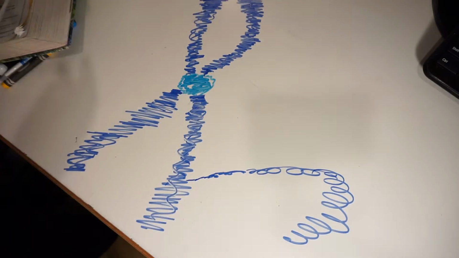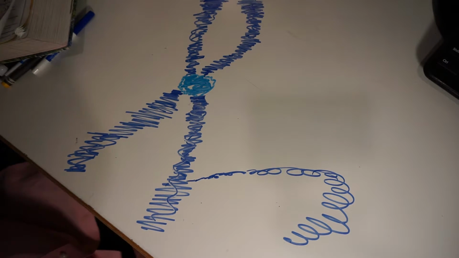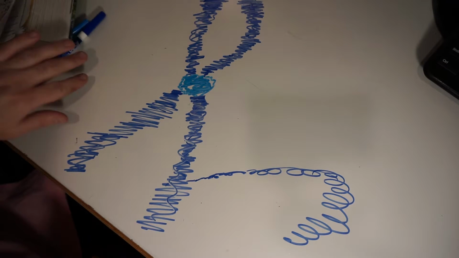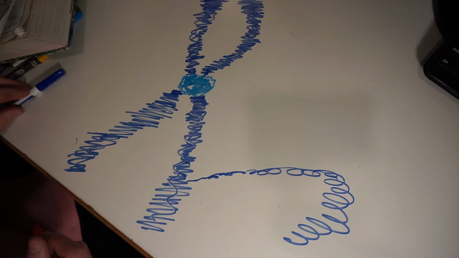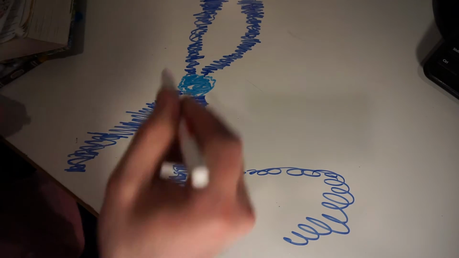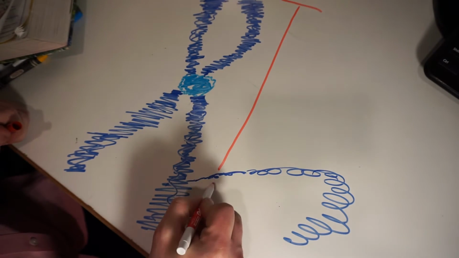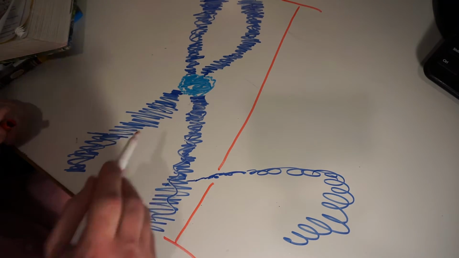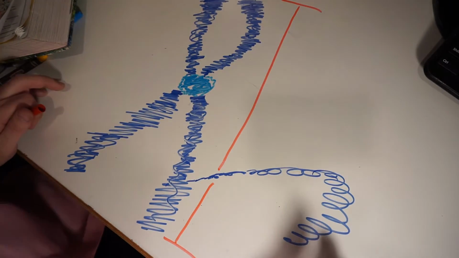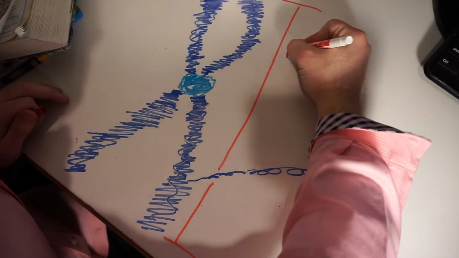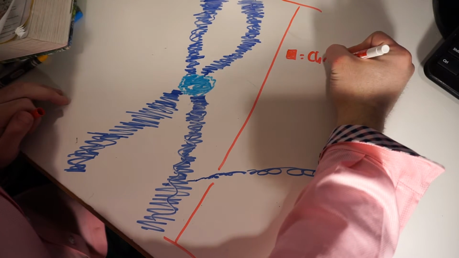Okay, so as you can see here, drawn a great big structure. And this structure, we're going to go red so that we can show where the chromosome is. Now the chromosome is going to be the whole thing. This is the chromosome. So we're going to write that in red. Red equals chromosome.